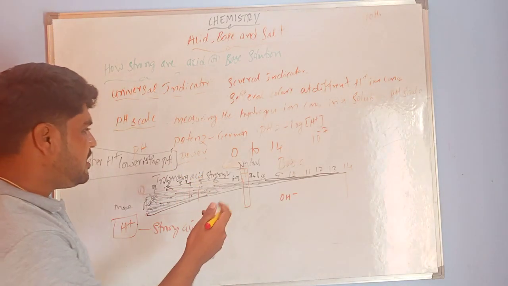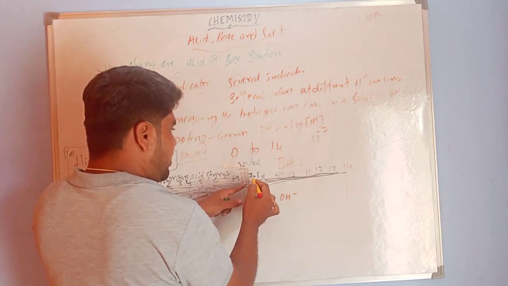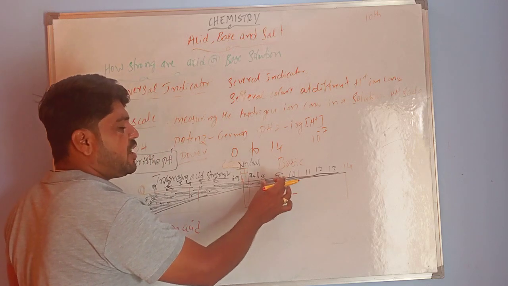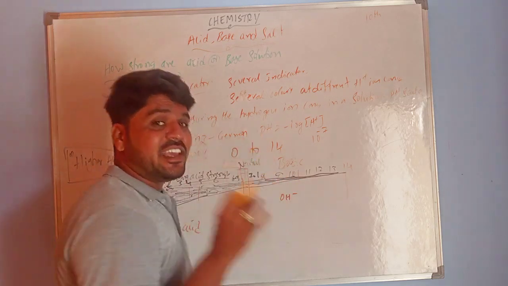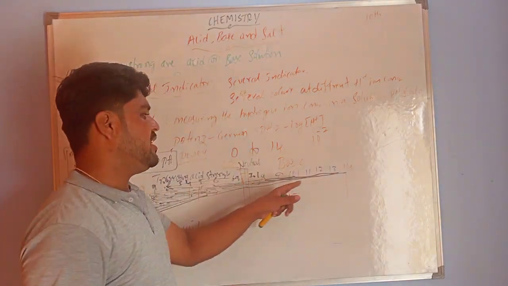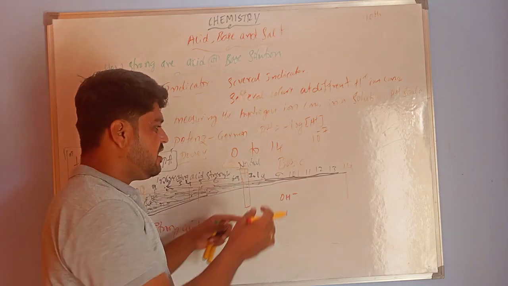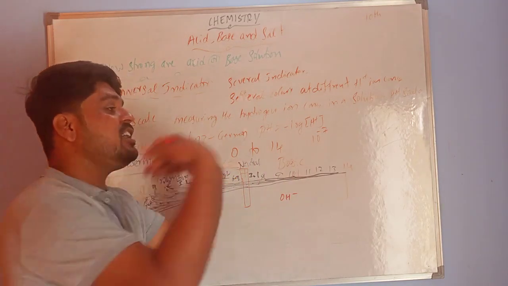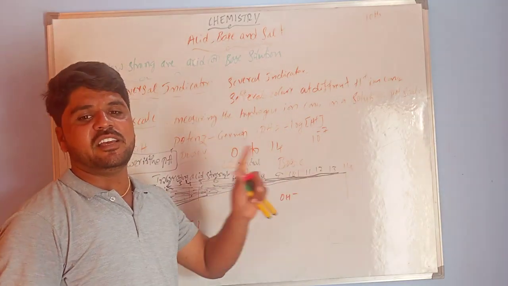Next, 7.1 to nearly 10, we consider a mild base. 11 to 14, we consider highly basic in nature.